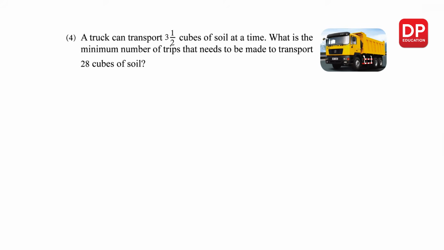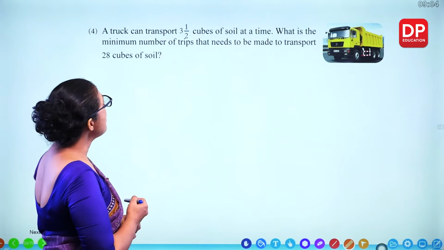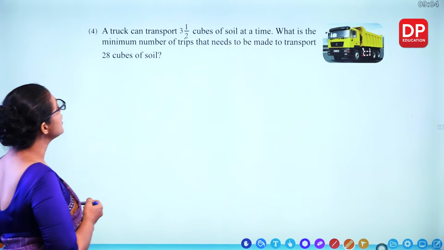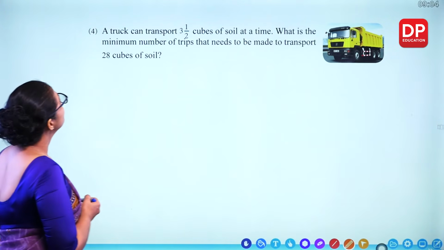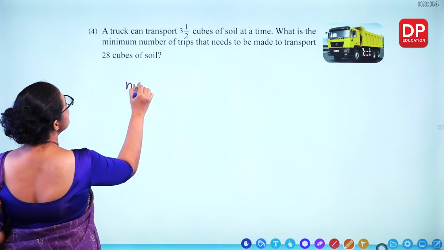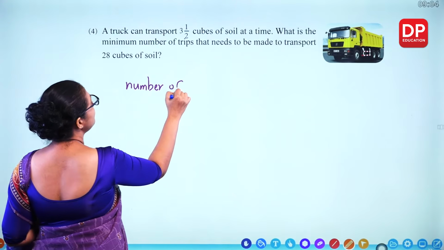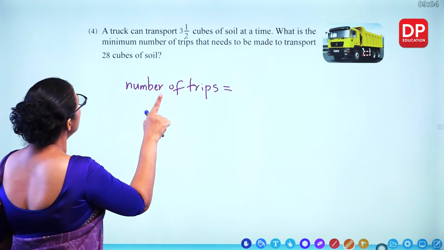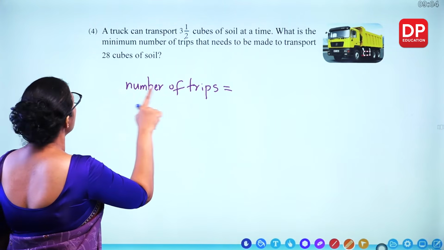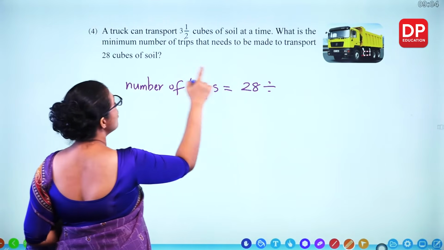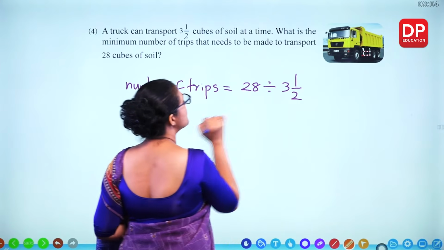A truck can transport 3½ cubes of soil at a time. What is the minimum number of trips that needs to be made to transport 28 cubes of soil? So, number of trips is equal to the total, 28 cubes, into 3.5 cubes.